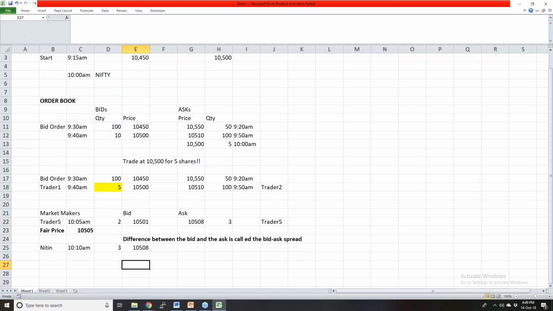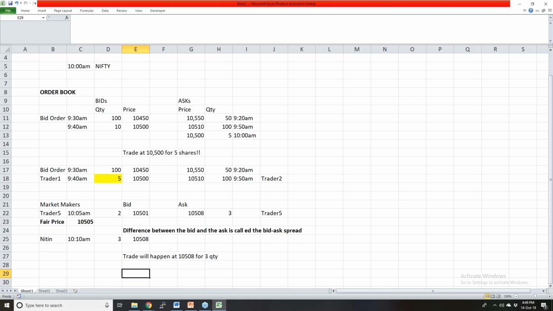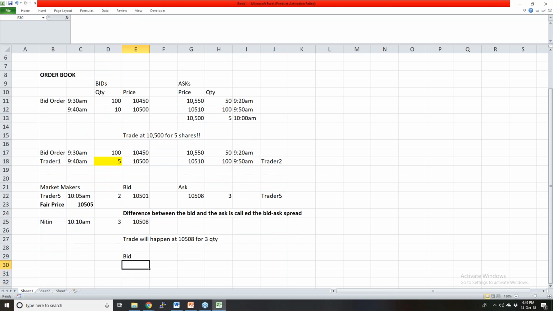So a trade will happen at 10,508 for 3 quantities, and the order book will be something like this. The bid would still be at 10,501, 2 quantities, but this ask would get removed.